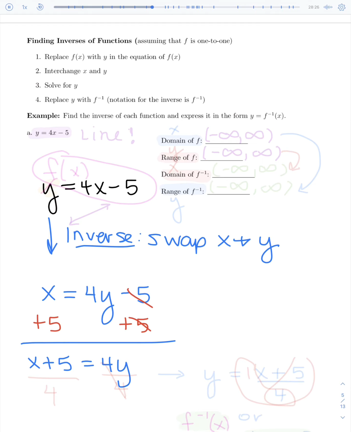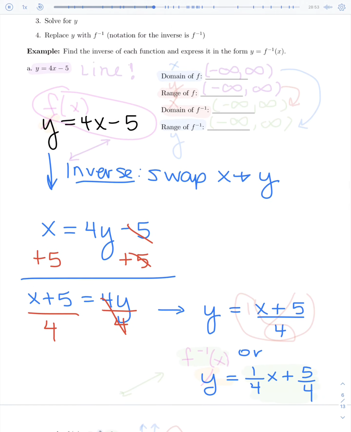The last step to get the y by itself would be to divide both sides by 4. So that gives me y equals (x plus 5) over 4, or you can write that as y equals 1/4 x plus 5/4, because remember, it's the same thing as saying there's a hidden 1 out in front of the x, and that would give me a 1/4 and a 5/4.